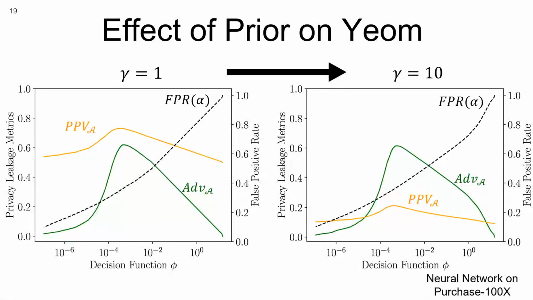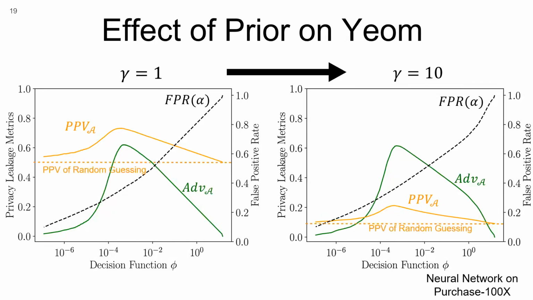As discussed earlier, PPV considers the prior while the advantage does not. This is depicted in this slide, where the PPV decreases drastically when gamma changes from 1 to 10, whereas advantage remains more or less the same. Hence, we mainly consider the PPV metric to evaluate the empirical privacy leakage in skewed prior settings.